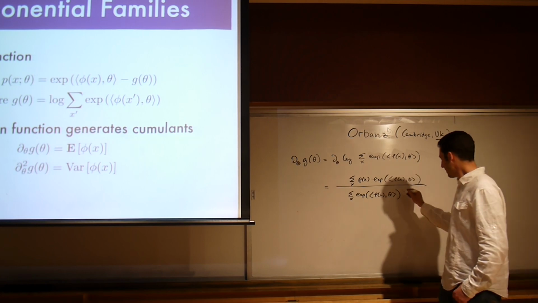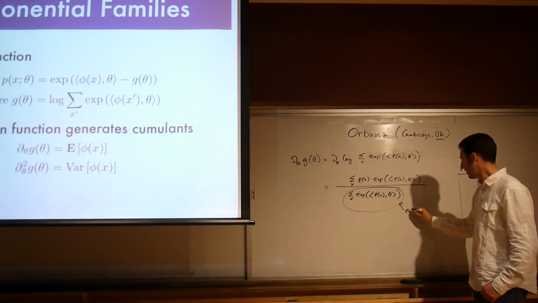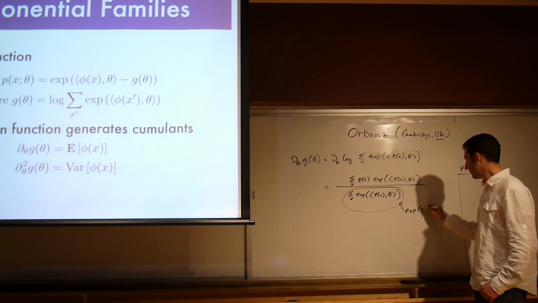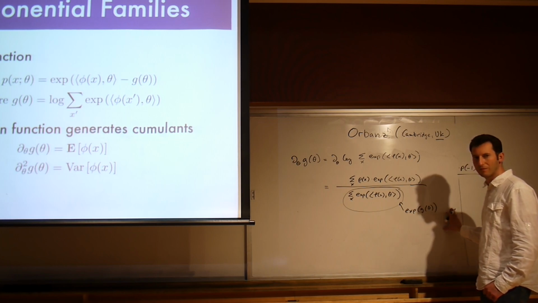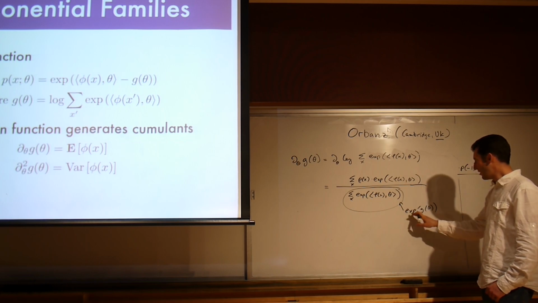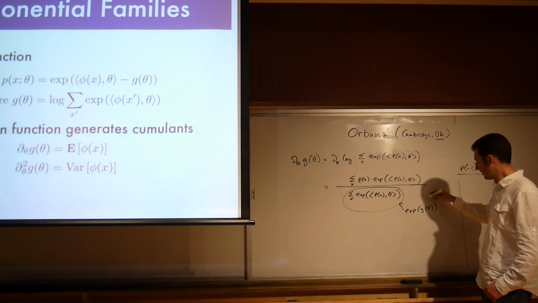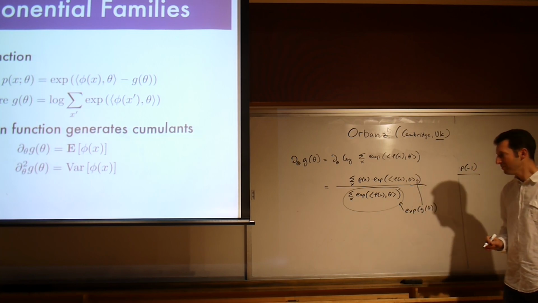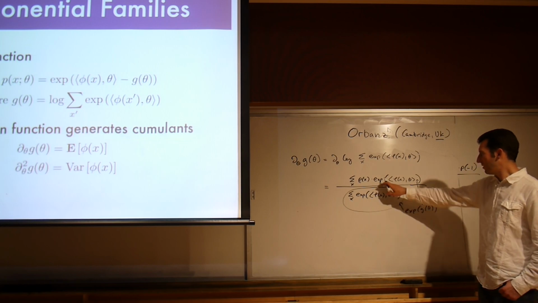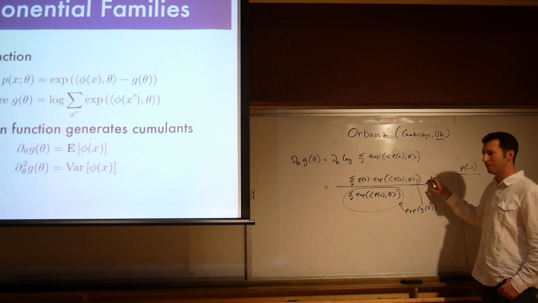Now, the cool thing is that this denominator is nothing else than e to the g of theta. Since this is e to the g of theta and I have an exponential here, I can plug it in there. So this comes in here, at which point we have e to the phi of x dot theta minus g of theta.